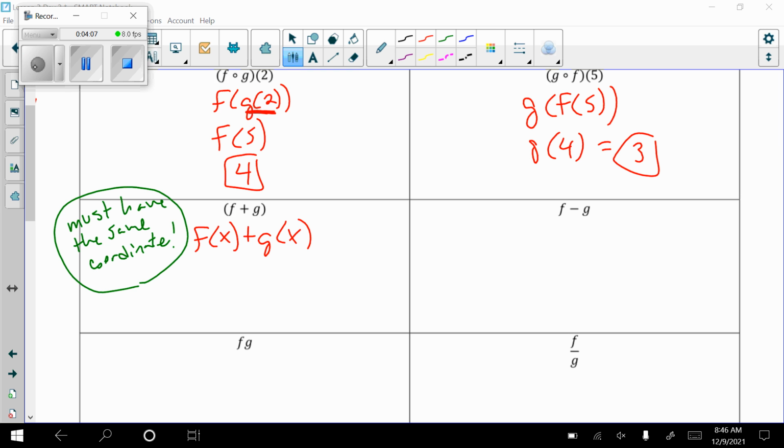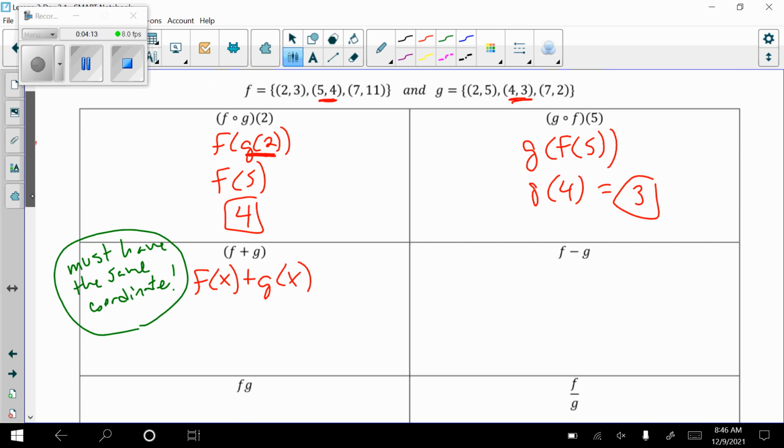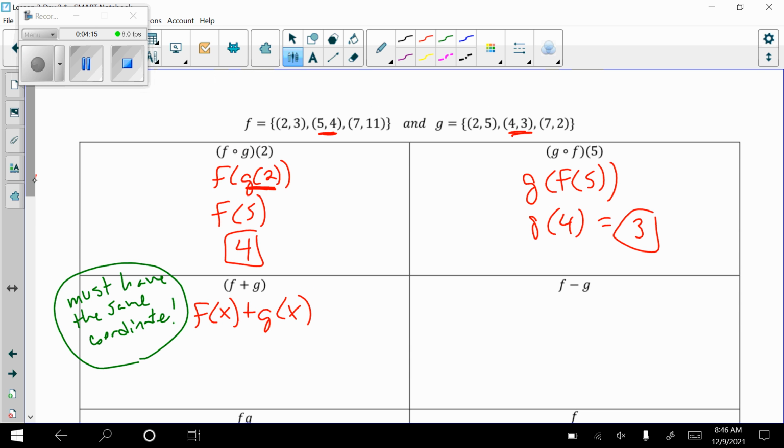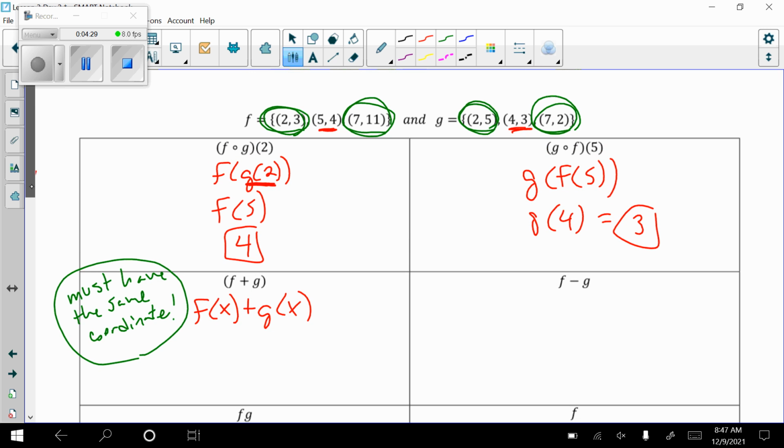Let me explain what I'm talking about. Let's look up here. We have the same x coordinate here for 2, and we also have the same x coordinate here for 7. So you're going to find the matching x coordinates and do what it tells you to do to the y coordinate points.